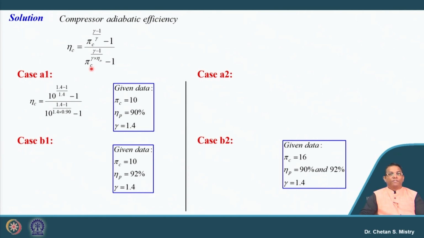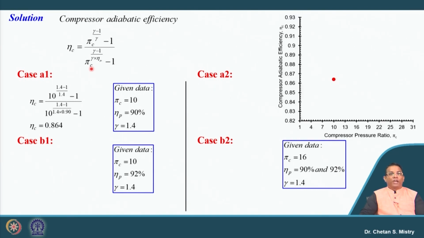With a compression ratio of 10 and polytropic efficiency of 90%, we get an efficiency of 86.4%. On the right-hand side, the x axis represents the compression pressure ratio and the y axis represents the adiabatic efficiency.